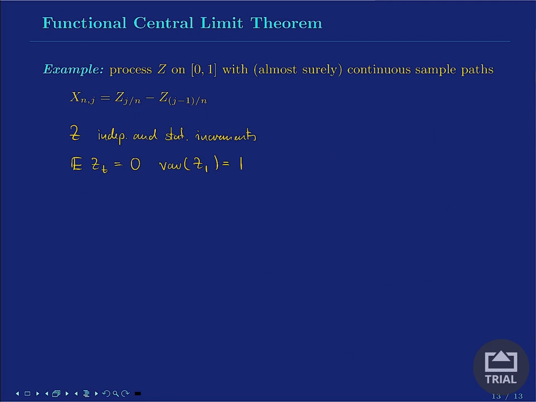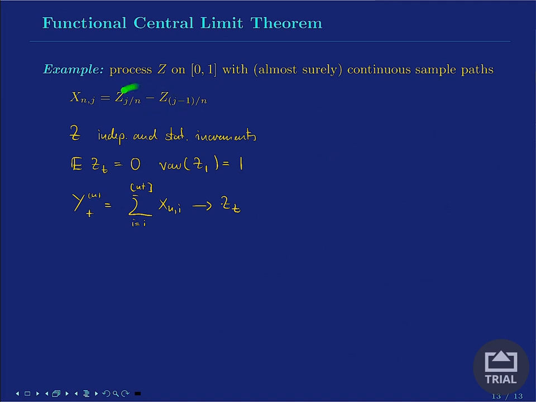So, in the same way, we can define the process Yn(t) as being the partial sum of the xni, and clearly this converges to the original process at t, by the definition that we have here.